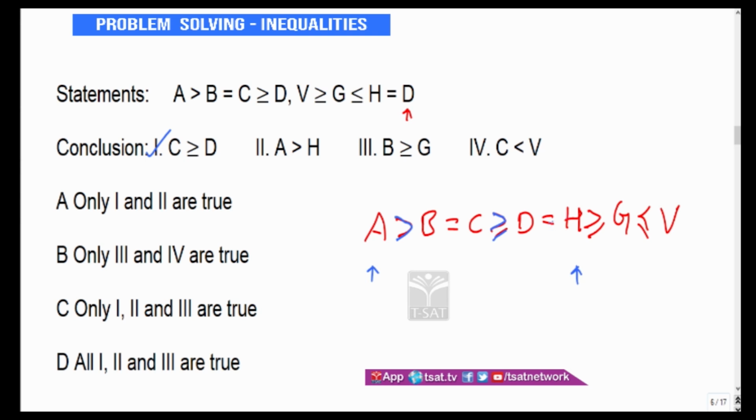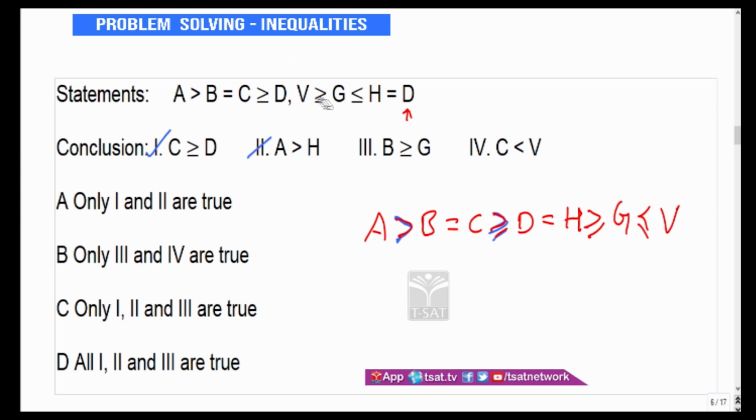Then you have equal to H. So equal is there, it doesn't matter, because B is equal to C, C is greater than or equal to D, which means directly I can say that B is greater than or equal to D, because in place of C I can write B here also. So equal means showing same, so it doesn't matter. But see here in this case, A is greater than H: yes, a greater than symbol here, here also a greater than symbol, but no less than symbol till H. So here also conclusion 2 is correct.